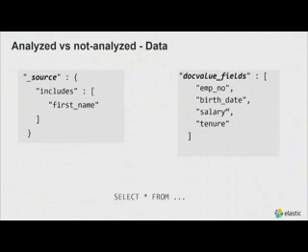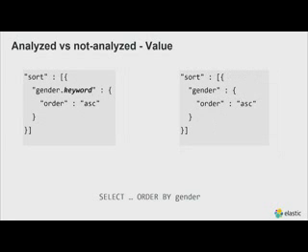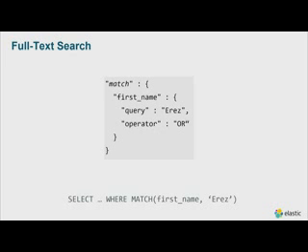The same thing with the data. If it's in exact form, if it's not analyzed, we get that from doc values, which means we read the whole column, all of them in one go. If you have to specify a name and it's analyzed, we have to actually unpack the source and return it to you. Same thing with order. If it's analyzed, we can sort directly on its keyword. If it's not analyzed, we can use its actual value.